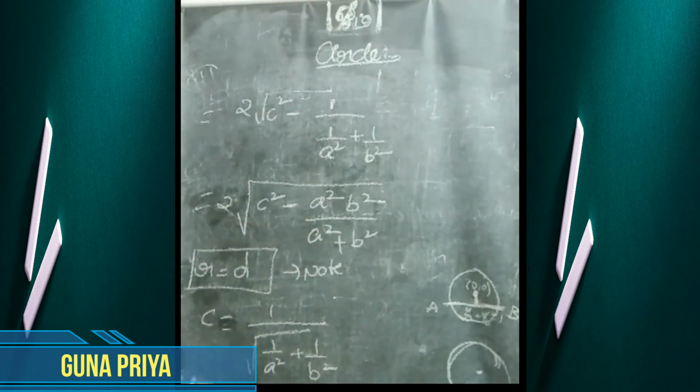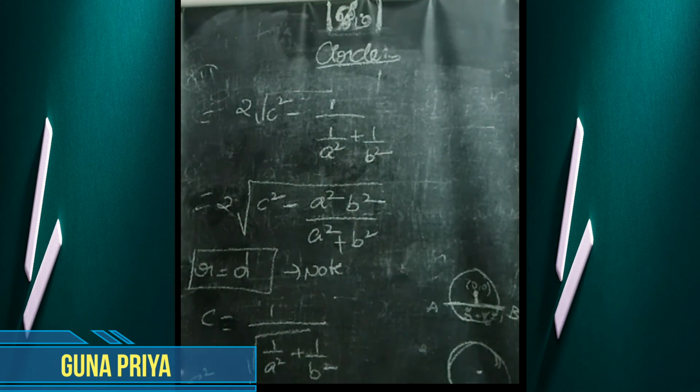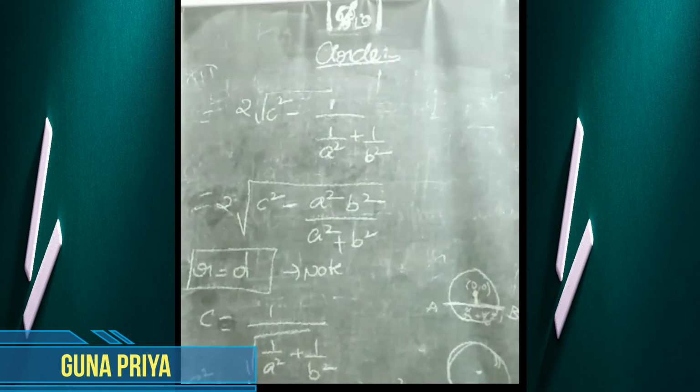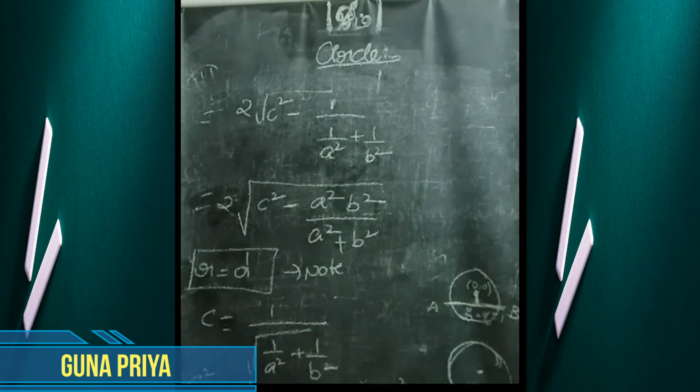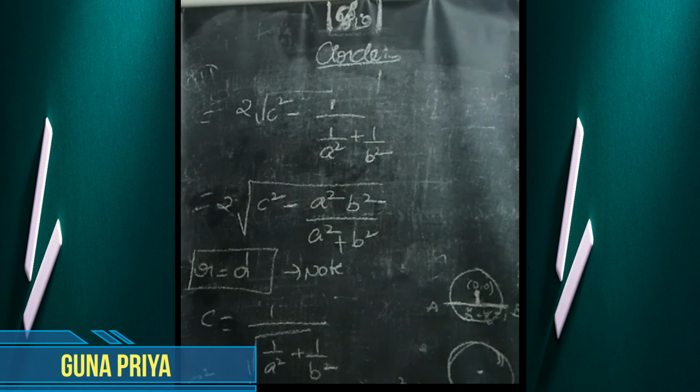Now squaring on both sides, c square equals to 1 by, that means root will get cancelled, that means a square plus b square by a square b square. That equals to c square equals to a square b square by a square plus b square. Okay. If square gets cancelled, already c equals to root of a square b square by a square plus b square.